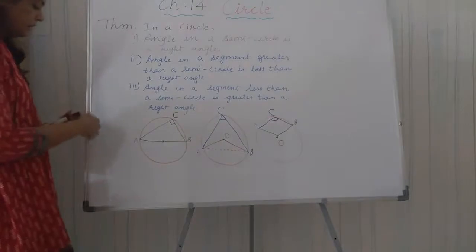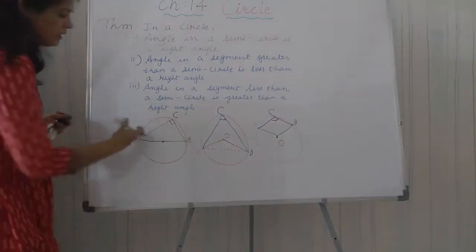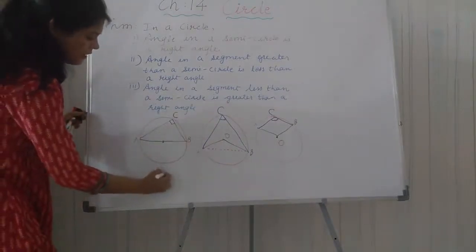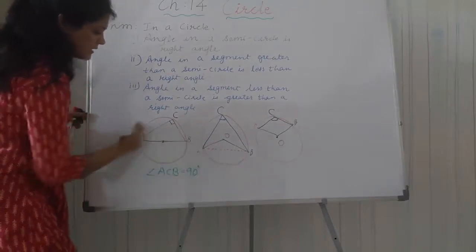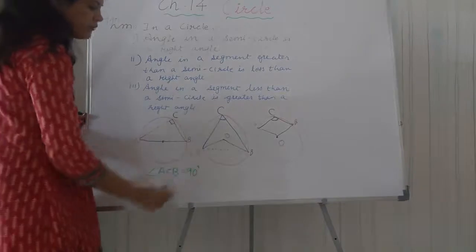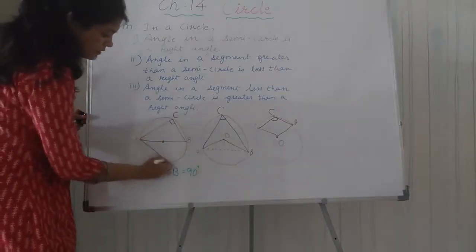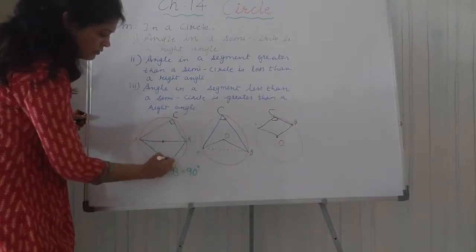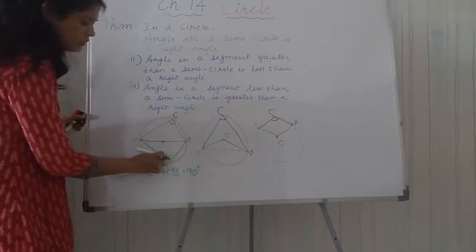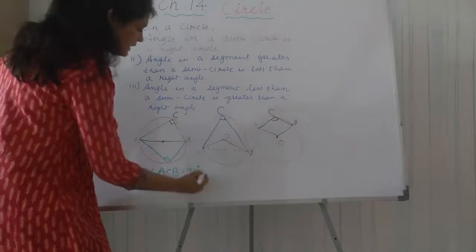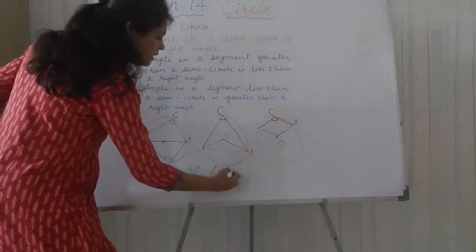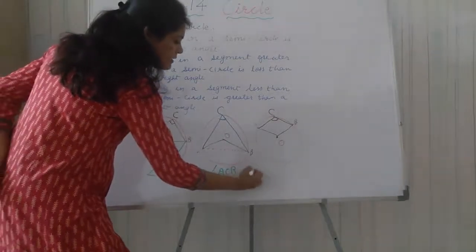So here I am writing, students, this angle ACB is equal to 90 degrees, which is formed in the semicircle at the circumference. You can show it like this also. In the downside semicircle, it will also be 90 degrees only. Now in this case, angle ACB is always less than 90 degrees.